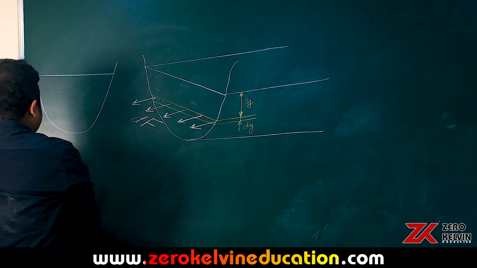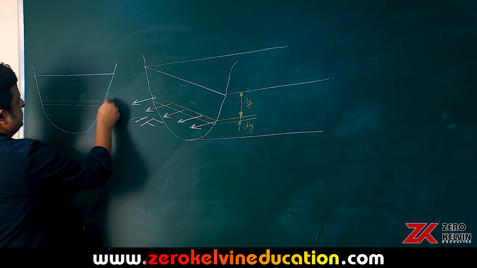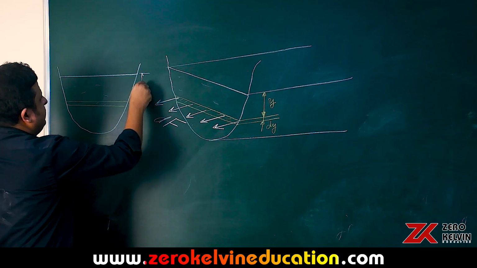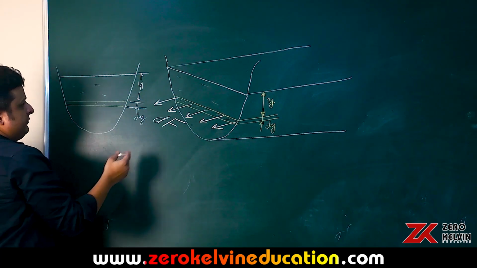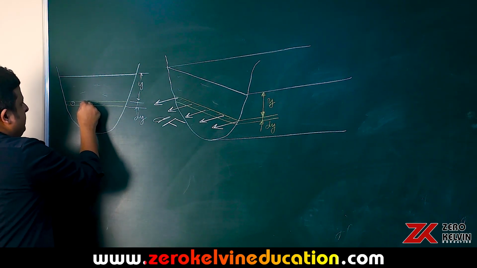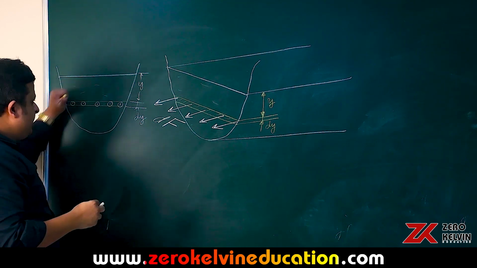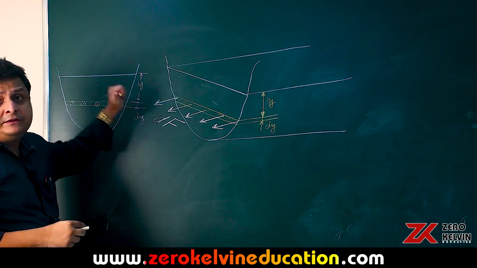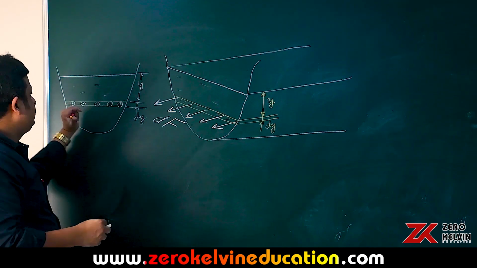See here in this diagram. Say this is the height y from the free surface, that's dy, and dF. If you are looking from here, these dF vectors will point towards you, like arrows pointing out of the plane of the board.